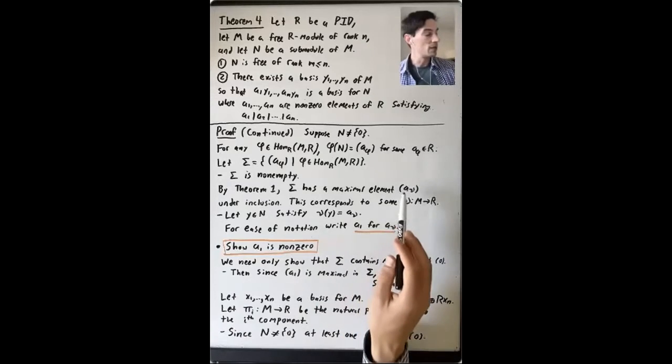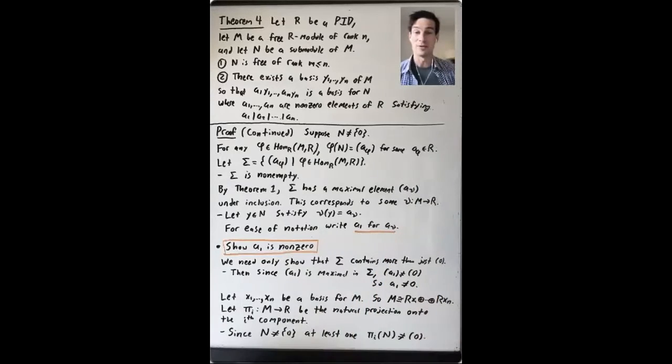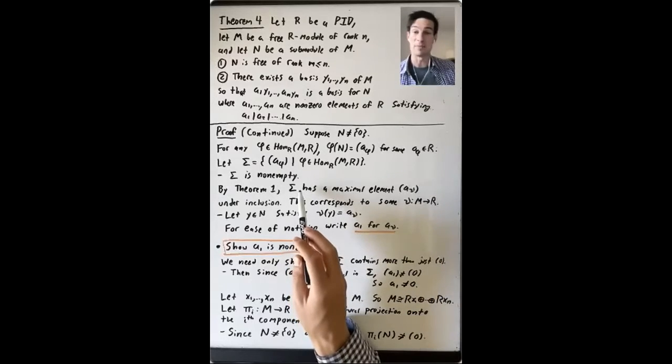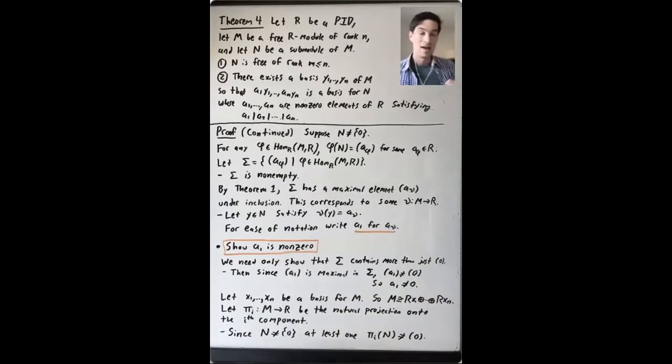So what we know about this ideal generated by a_nu, or a1 now, is that it's a maximal element of sigma under inclusion. Every principal ideal contains the zero ideal. So the zero ideal is not going to be a maximal element under inclusion unless it's the only element of sigma.